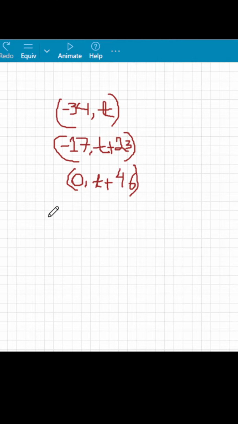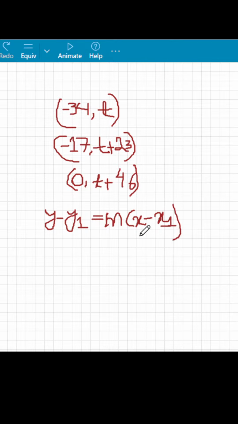So first we can find the slope and then use the slope and any of these points in the slope and 1 point form. This is the form I'm talking about: y minus y1 is equal to m times x minus x1. So x1 and y1 is any of the points on the line and m is the slope.